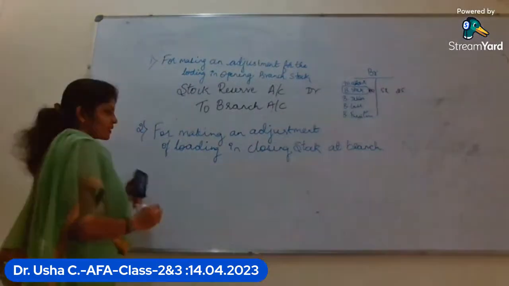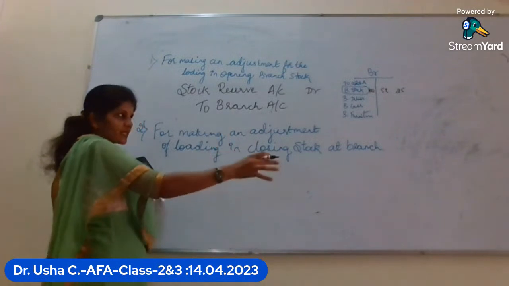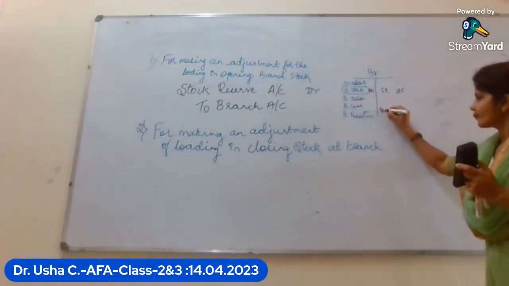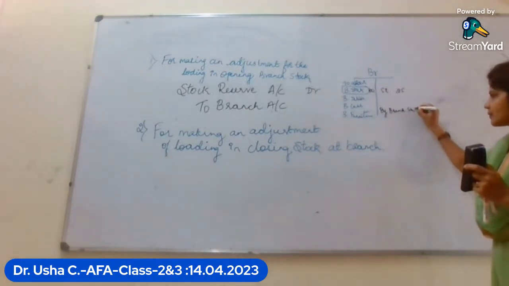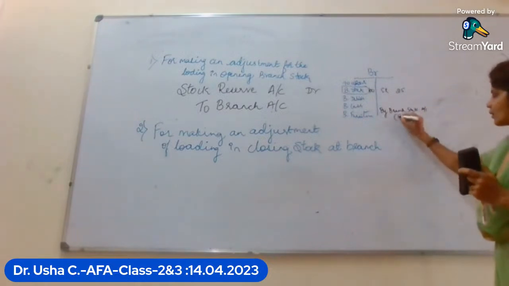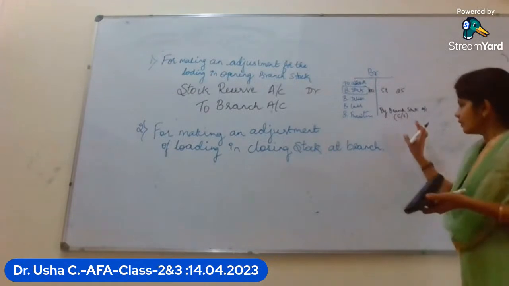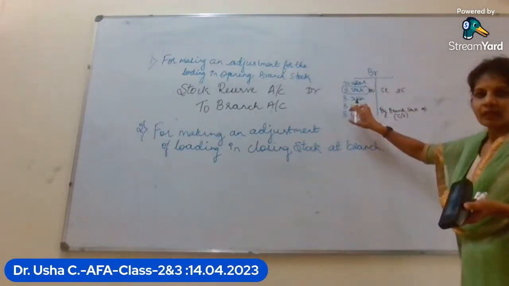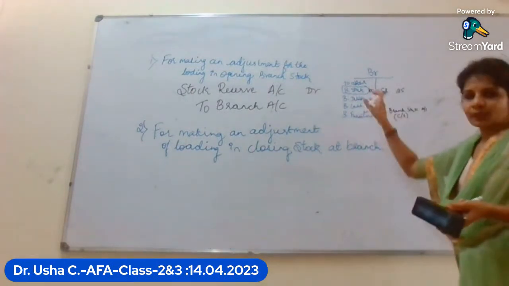For this, what entry do we have to pass? The reverse entry. If there is a closing stock, we record this closing stock as by branch stock account. So for recording the loading of this closing stock, we have to debit the stock loading amount to the branch account.